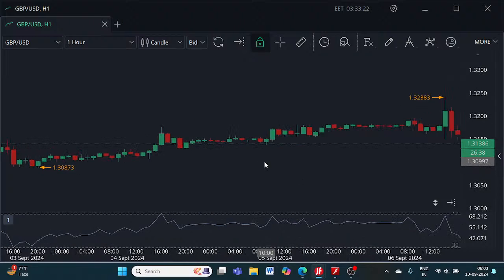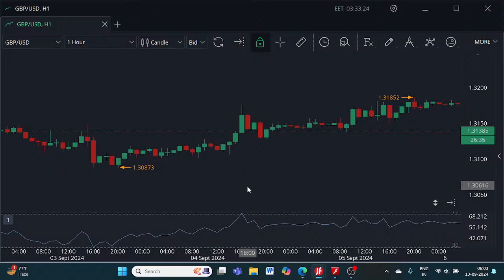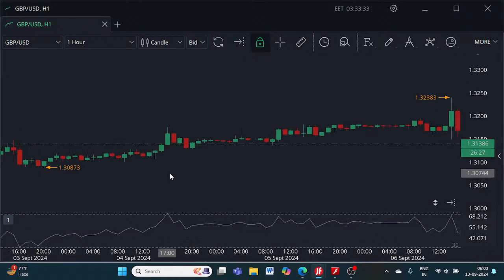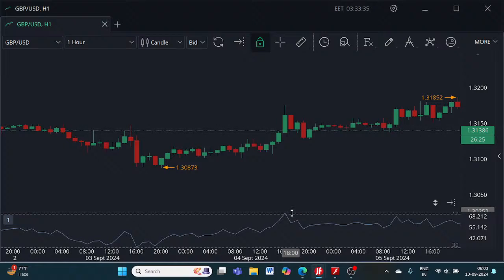But prior to the rise, we have this situation here where the momentum is strongly bullish. It at one point in time even crosses above 70. But then there is a drop in the RSI from above the 70 mark to somewhere close to 50, but it doesn't really decline much.